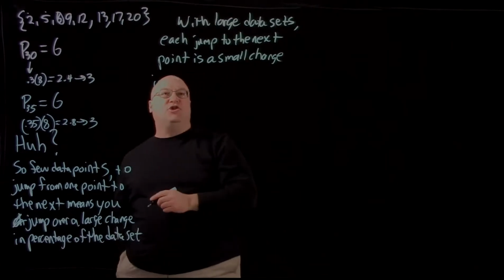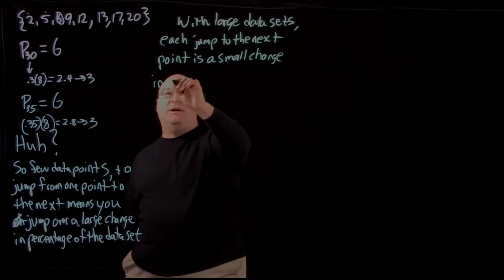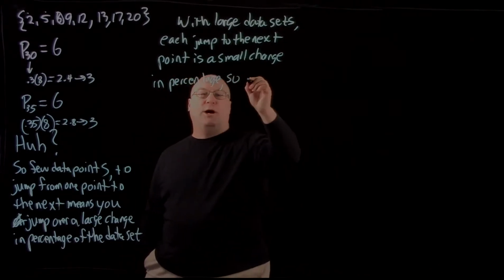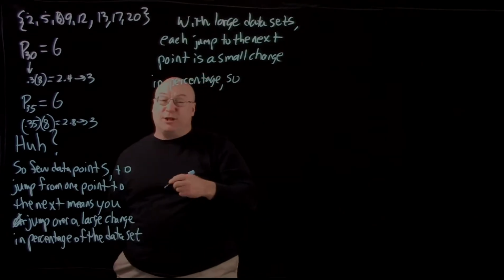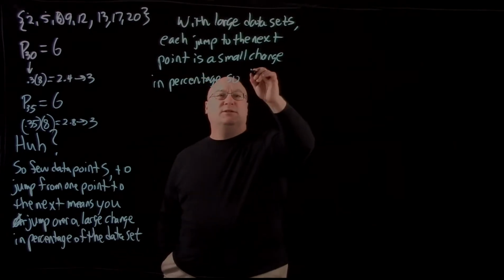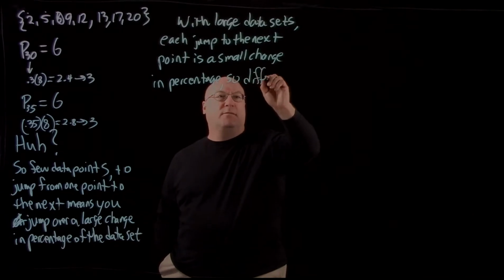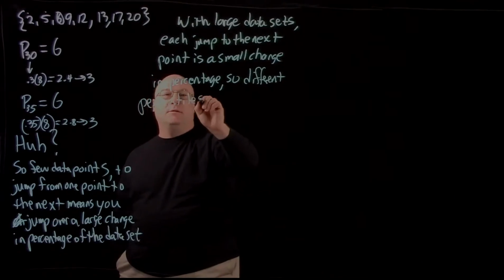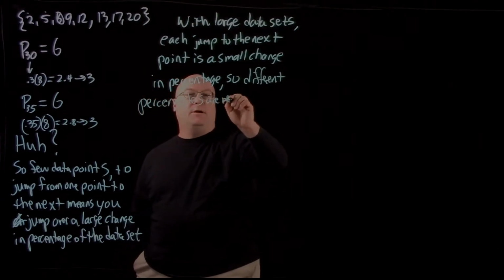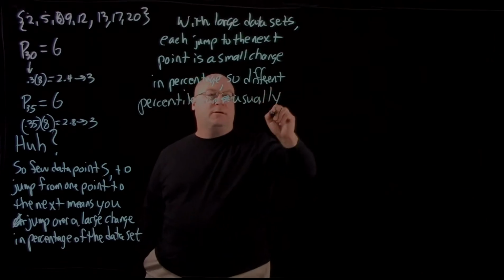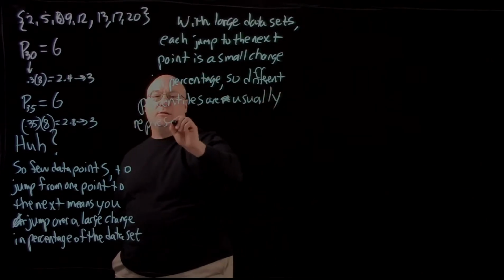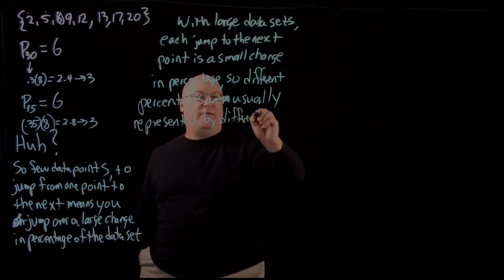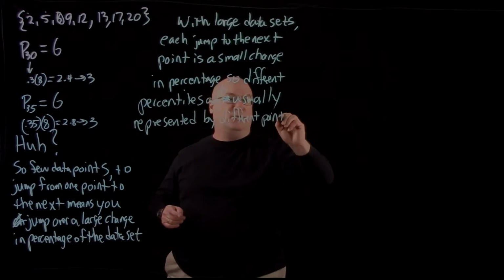So each jump to the next point is a small change in percentage. So different percentiles usually are represented by different points. And you don't have this sort of a thing going on so much.